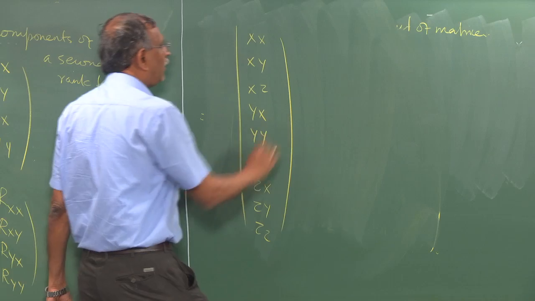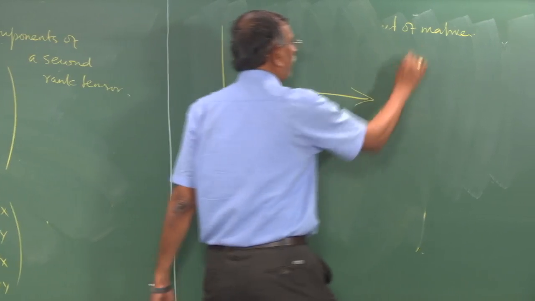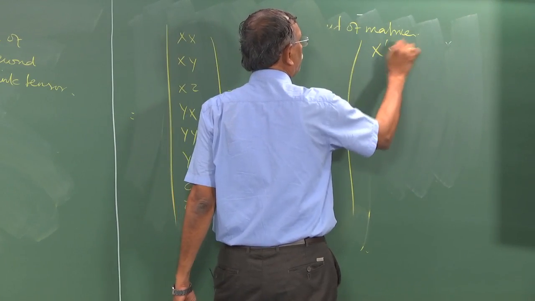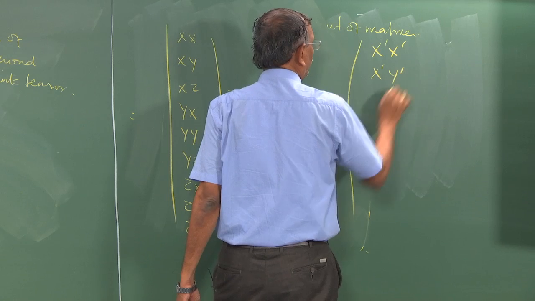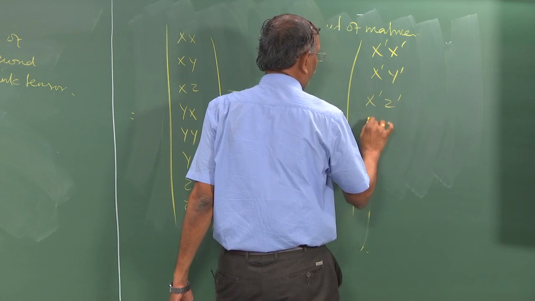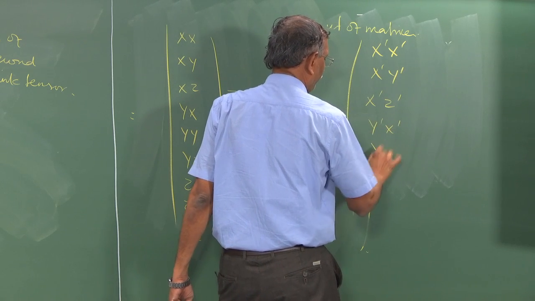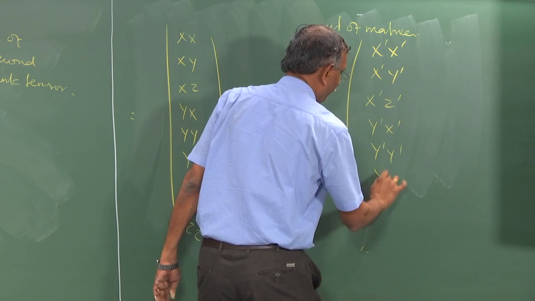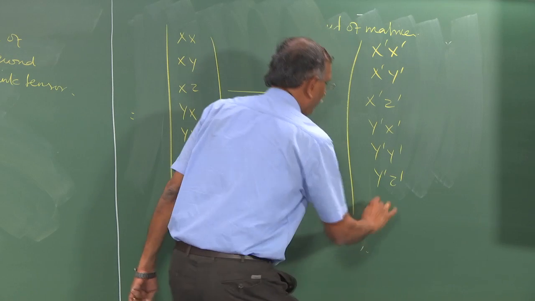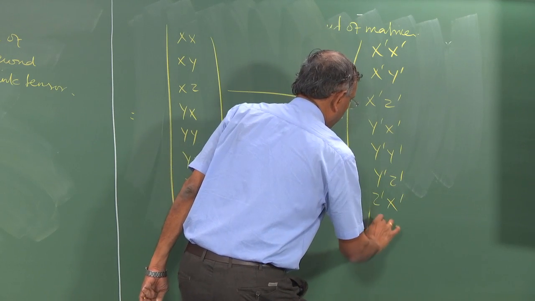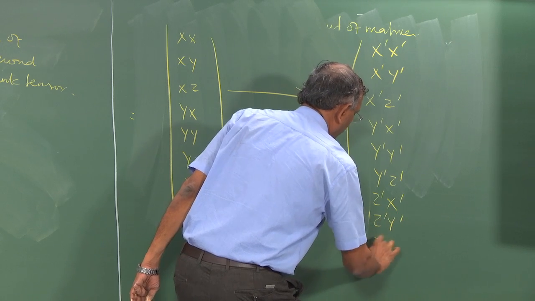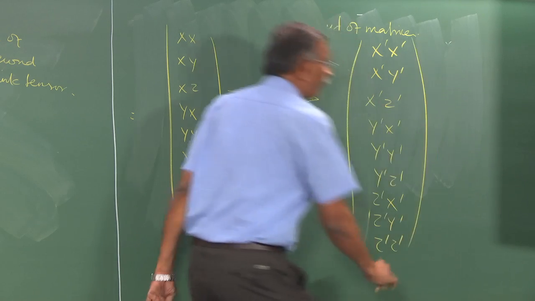How do they transform during coordinate rotation to the 9 quantities x'x', x'y', x'z', y'x', y'y', y'z', z'x', z'y', z'z'?